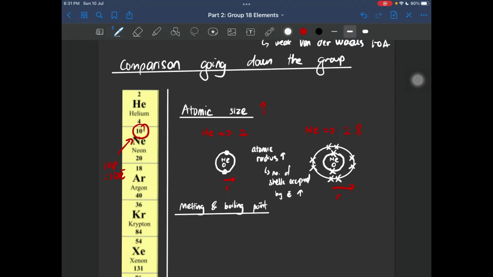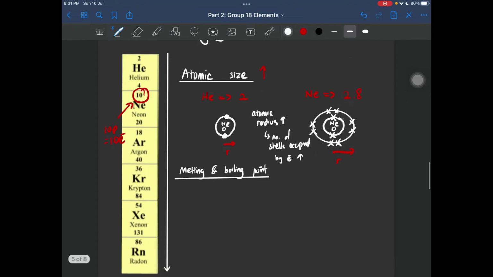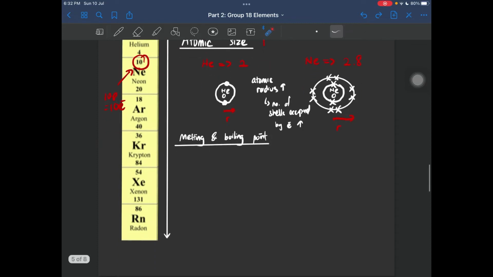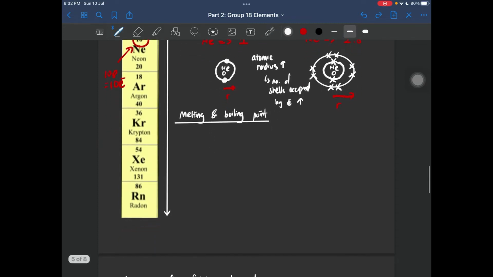Then you have argon with 3 shells, krypton with 4 shells, xenon with 5 shells. And when the number of shells occupied by electrons increases, the atomic radius will also increase. Therefore, the atomic size will increase. Very simple, right?